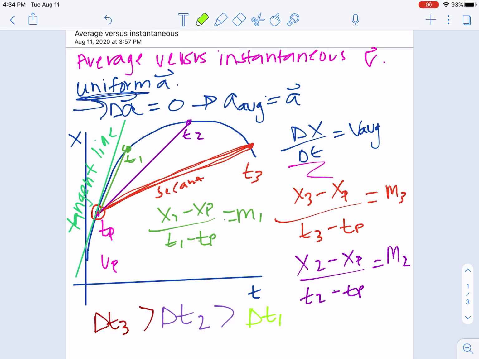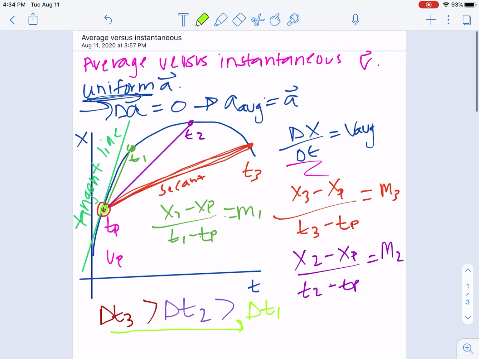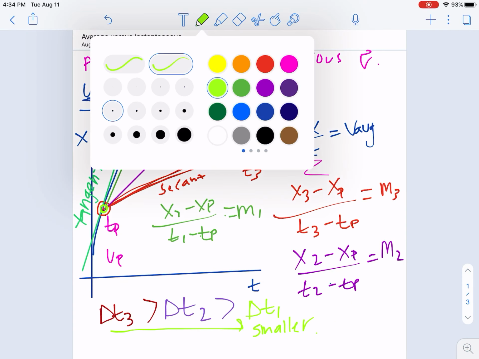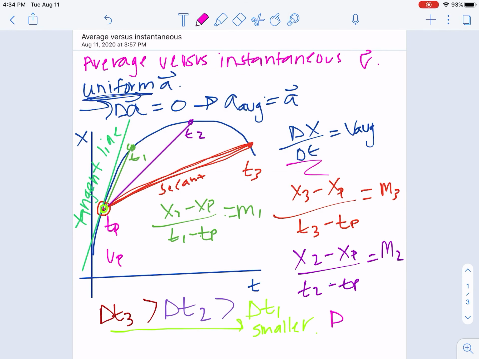So as I was getting closer to the point I wanted, my delta T's were getting smaller. What we're really doing there is known as taking the change to 0. We are actually taking the delta T to 0. We are trying to get that change as small as possible to where there is no change.